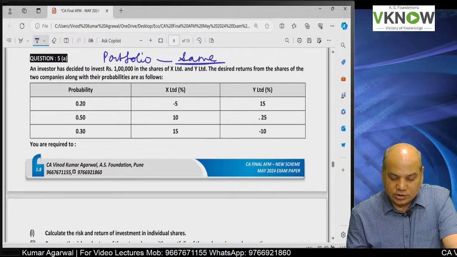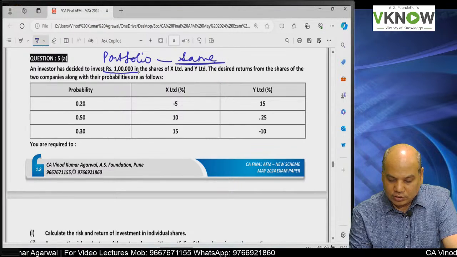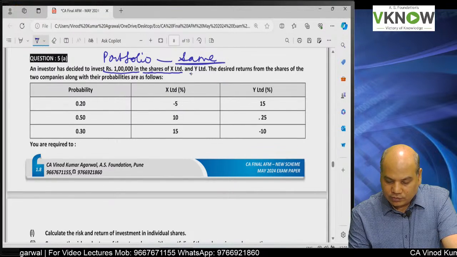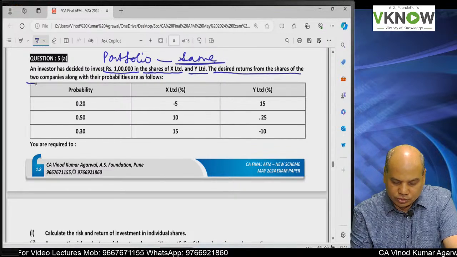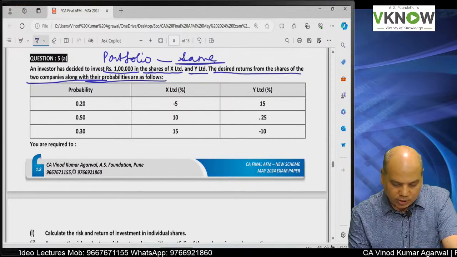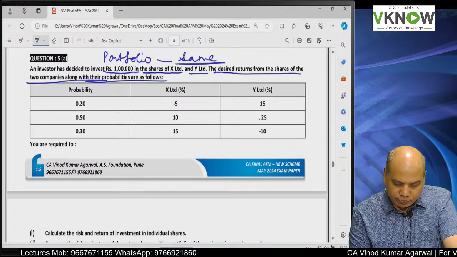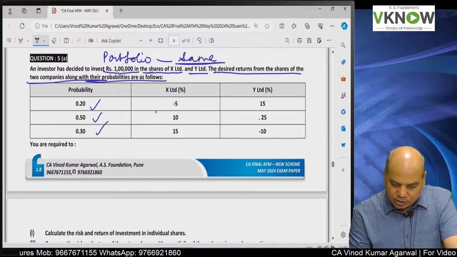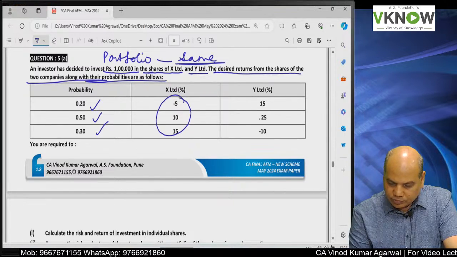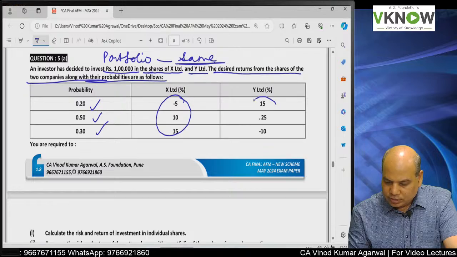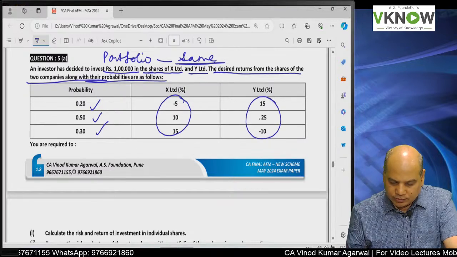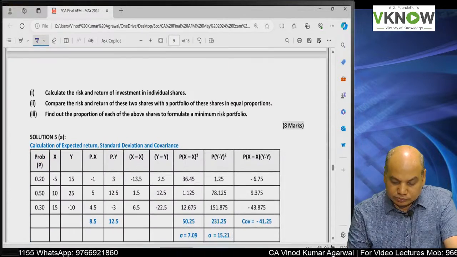An investor has decided to invest rupees 1 lakh in shares of X and Y. The desired return from the shares of the two companies along with their probabilities are given below. These are the probabilities. Return of X Limited, return from Y. Very easy question.